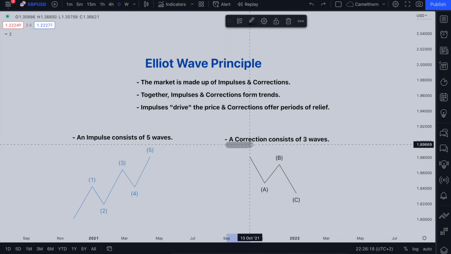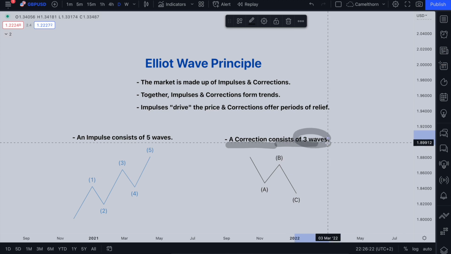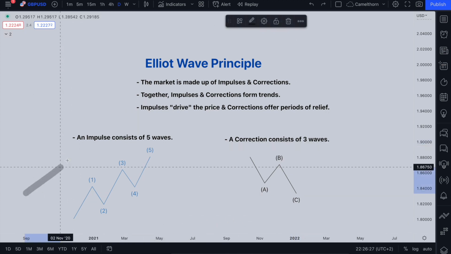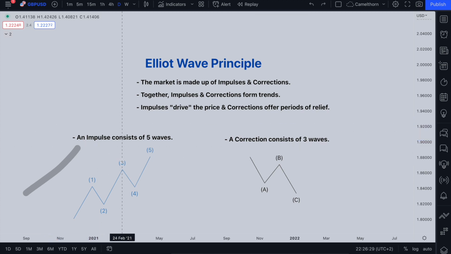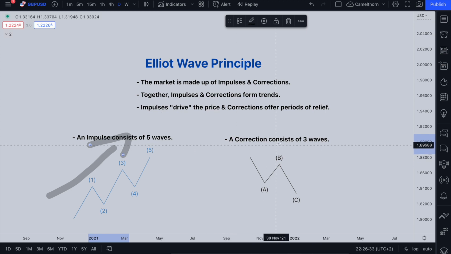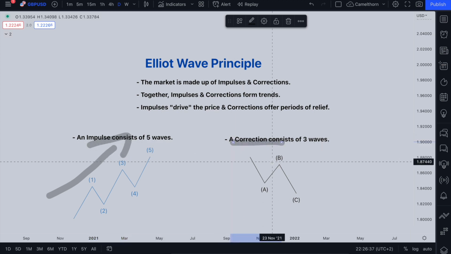And then a correction is price action that consists of 3 waves in the opposite direction. So if we are looking at a bullish market, our bullish impulse would consist of 5 waves to the upside, and then our corrective phase will consist of 3 waves in the opposite direction.